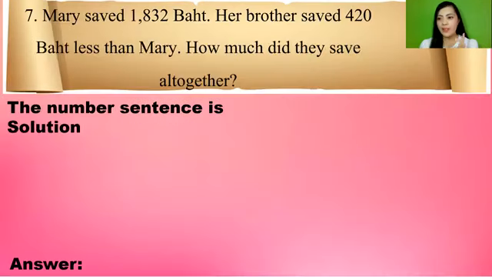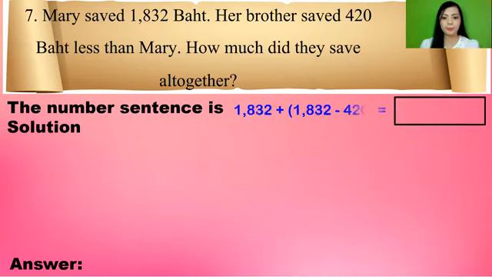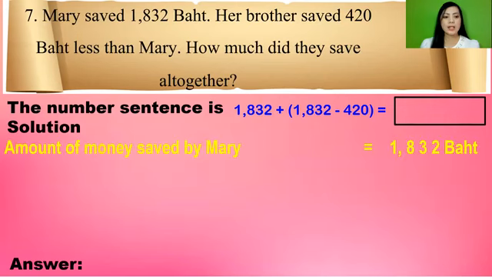All right, if you are done there after 5 minutes, let's continue with the number sentence, solution and answer. Number sentence is 1,832 plus, inside a bracket, 1,832 minus 420, equal to a box. Amount of money saved by Mary, 1,832 baht.